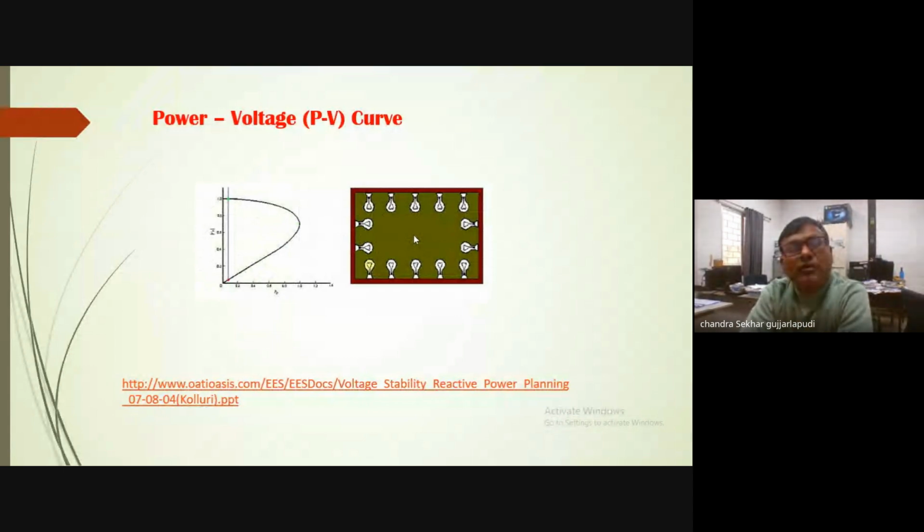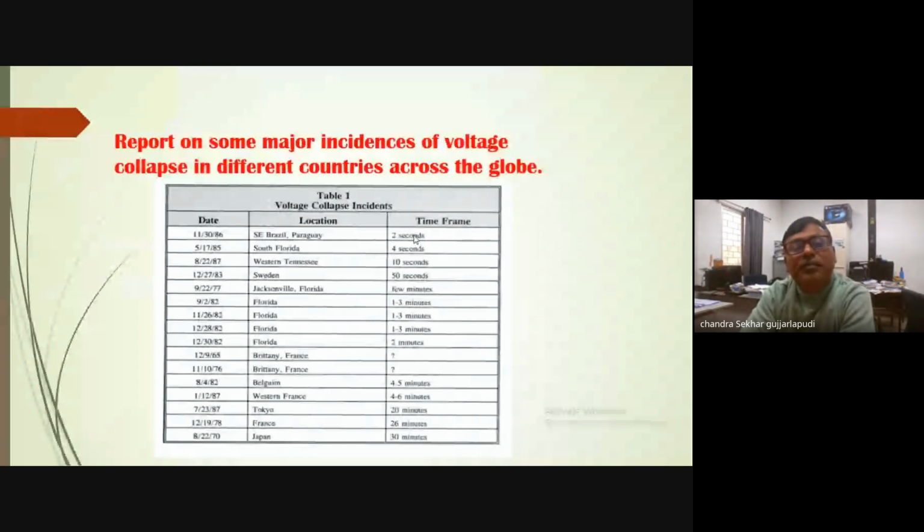Whenever we talk about the voltage stability issue, there have been a lot of incidents across the world, and some of them have already been cited by previous researchers in their papers.